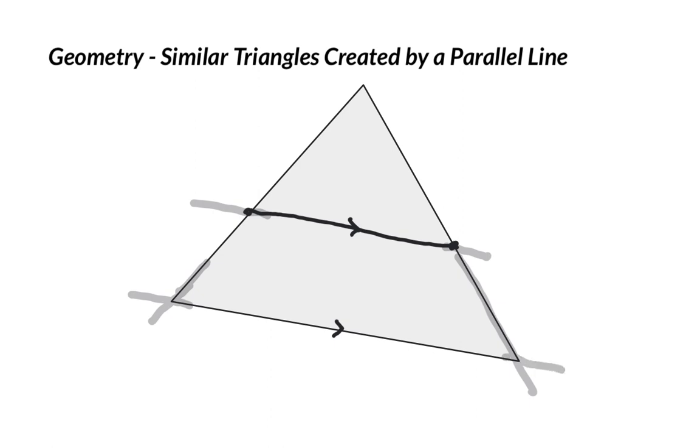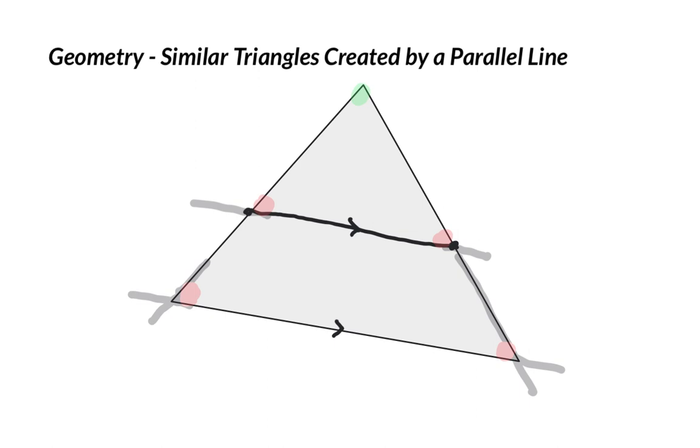What has happened is that we have same side or corresponding angles that are the same. These corresponding angles are the same. And then obviously these two triangles share a vertex.